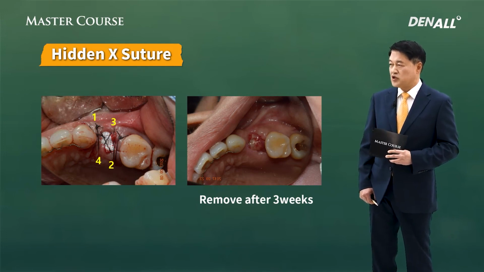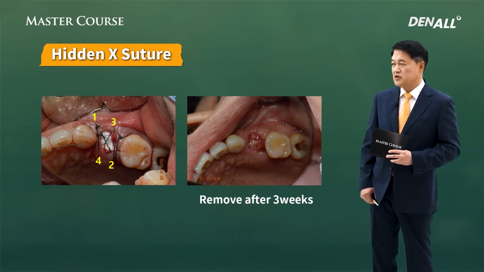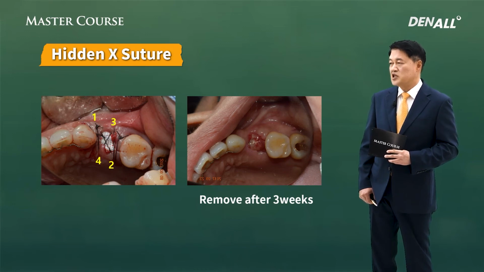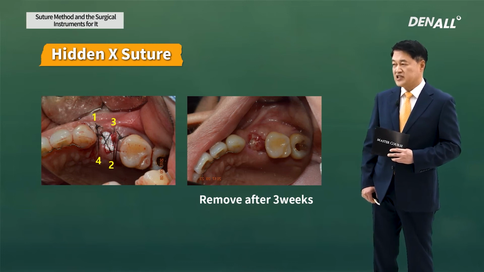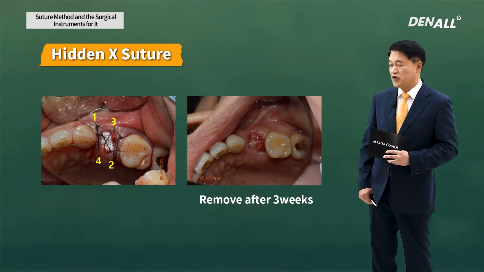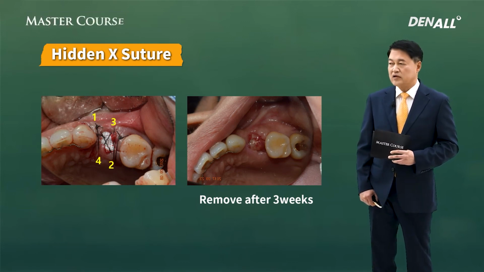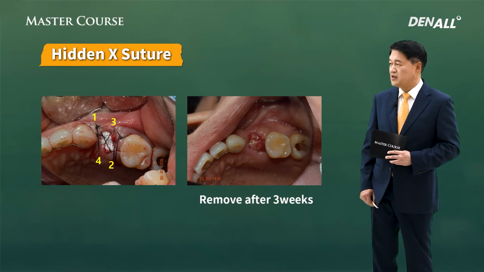So on the mesial buccal side, you go in, on the top part of the membrane, and distal palatal, you go out, and on the distal buccal, you go in, and mesial palatal side, you go out. And you see two lines on the outside, and it stabilizes the membrane in position with the X shape.